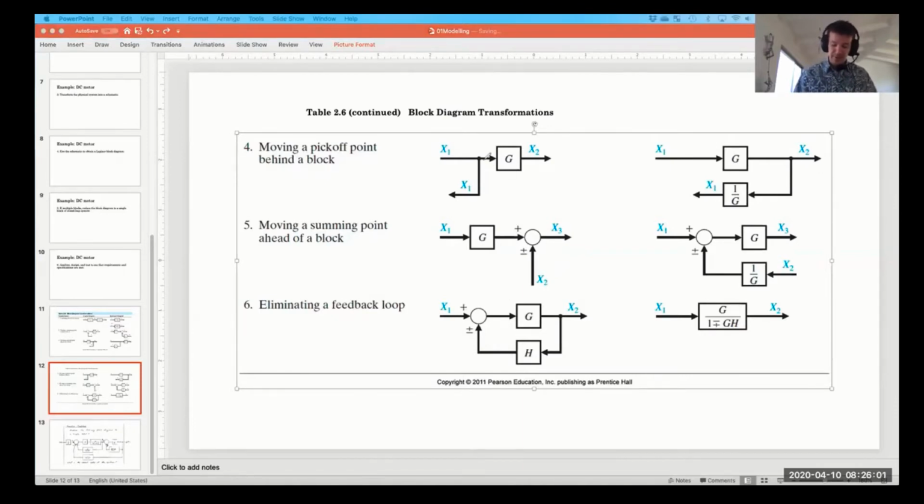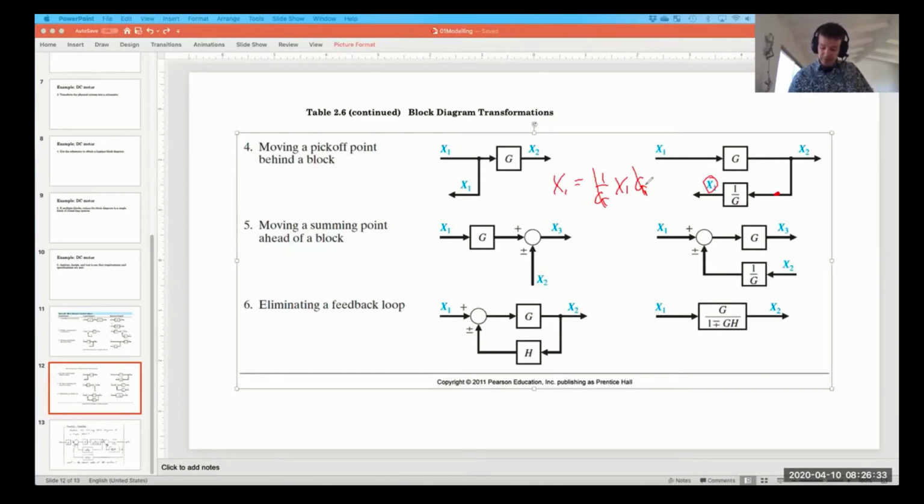Here the idea is I can move a pickoff point downstream, and if I do that here, this signal X1, if you just do the algebra around the loop, this is 1 over G times this signal, which is X2, but X2 is just X1 times G. And so again, this is just a reminder that these Laplace block diagrams are a pictorial way of representing algebra, basically, or even arithmetic here.